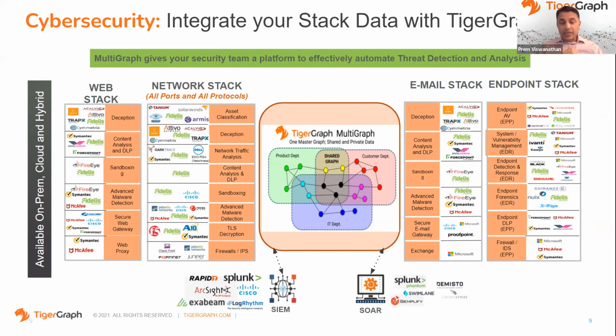What I'm showing here in this visual is different parts of the stack. You've got the web layer, the network stack looking at protocol level, and moving up the stack to the email level. You've got different products working in different parts of the stack, and each one will have its own alarms and events. But as a human looking at this, it's really overwhelming. If I have 100 events in front of me, it's not humanly possible to look at all of them with the same level of attention and care that would be required.